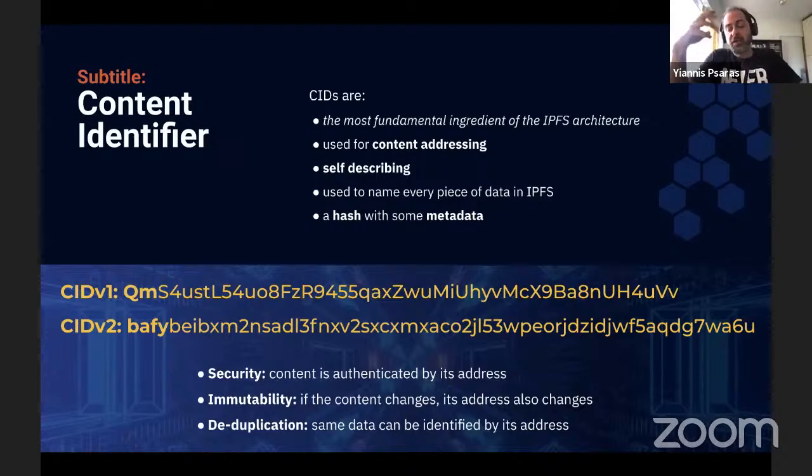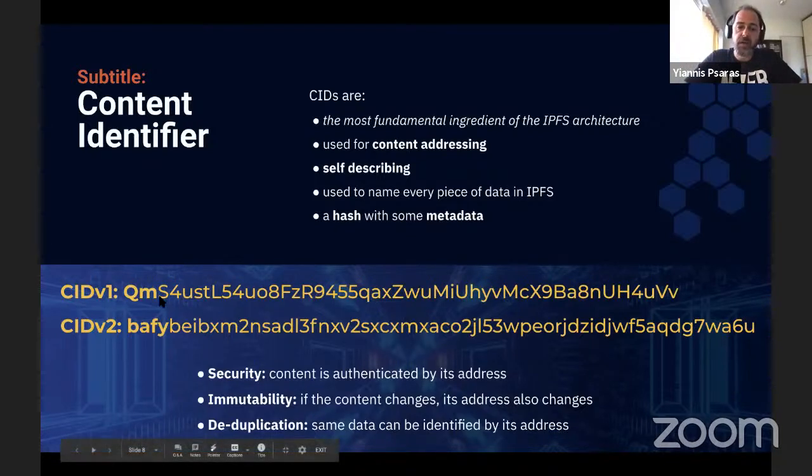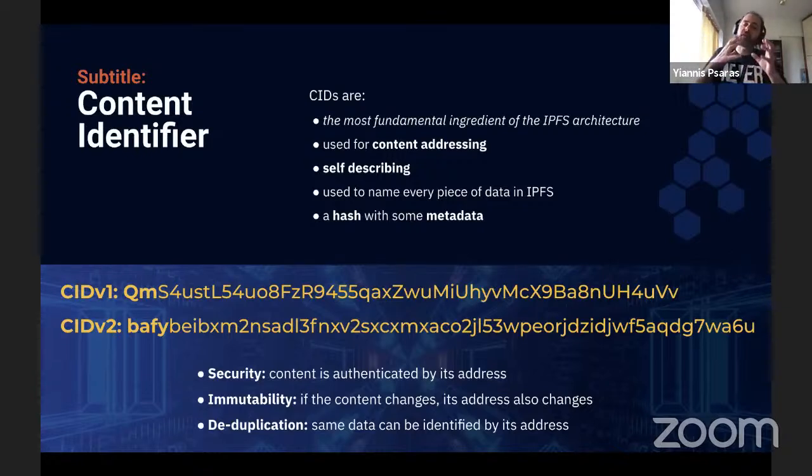Here are two examples, CID version 1 and CID version 2. You can simplistically, for now, think of it as the hash of the content that you have, together with some metadata packed together in one thing. This offers a few advantages that I'm going to mention as we go through the presentation.